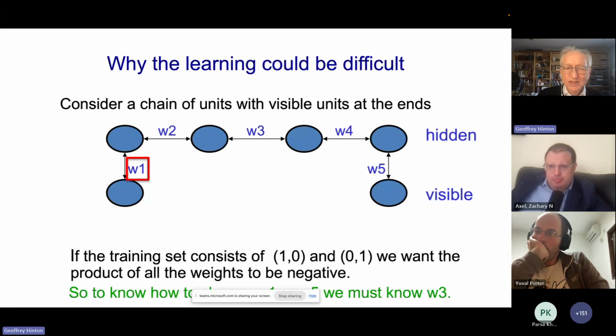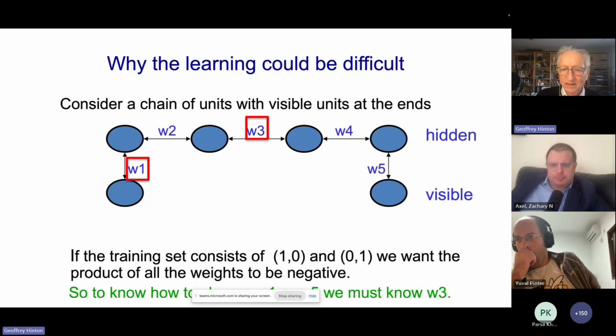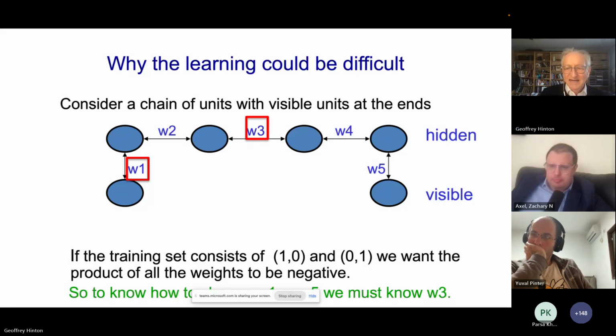So how you want to change W1 depends on the value of W3, which is a remote weight. It doesn't even involve the same units as W1 connects. So in order to know how to change W1, you need to know the sign of W3. Now, in an algorithm like backpropagation, you send information backwards to get that information back.